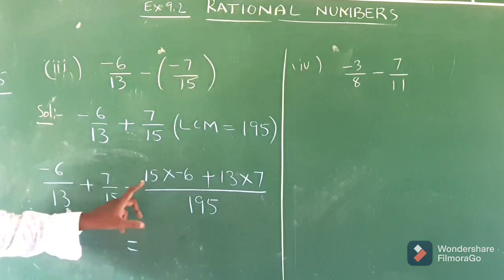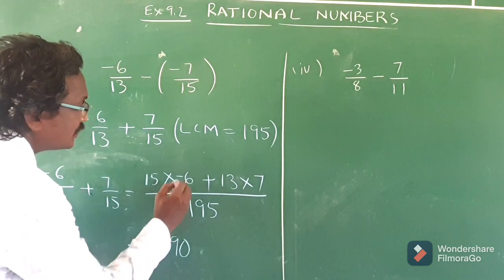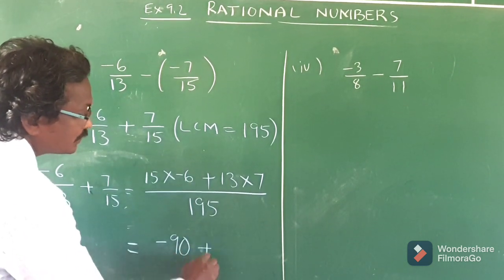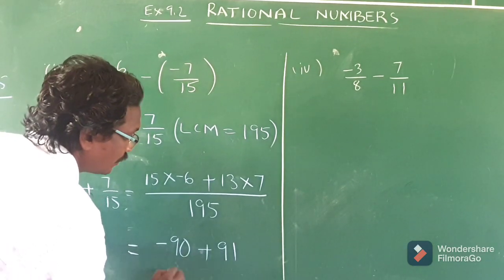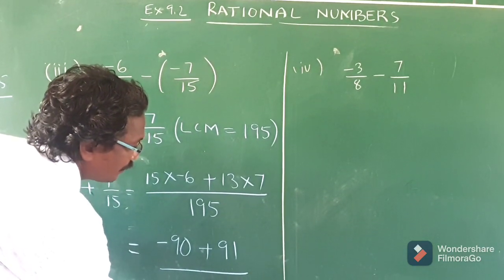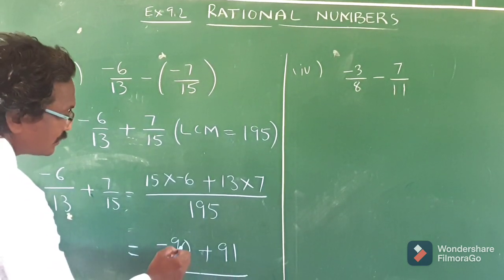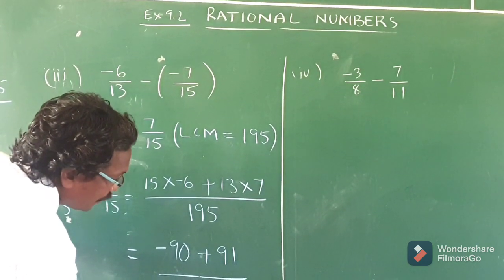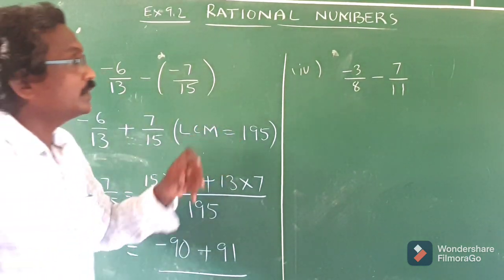Now 15 sixes are 90, minus is there, so minus 90 plus 13 sevens, which are 91, by 195. Now subtract: 91 minus 90, 1 by 195. Okay.